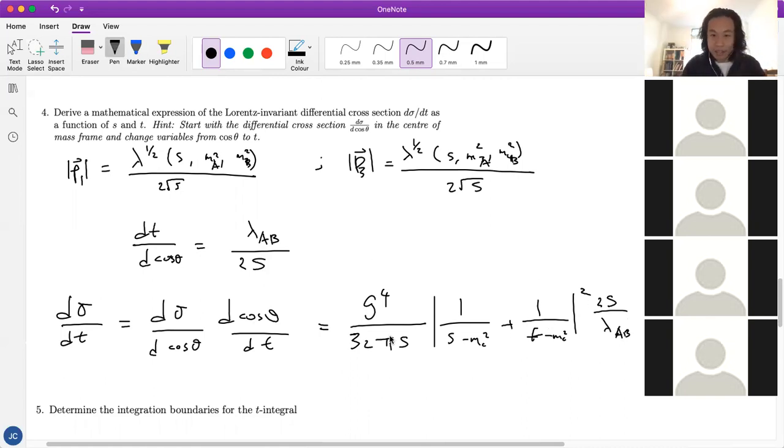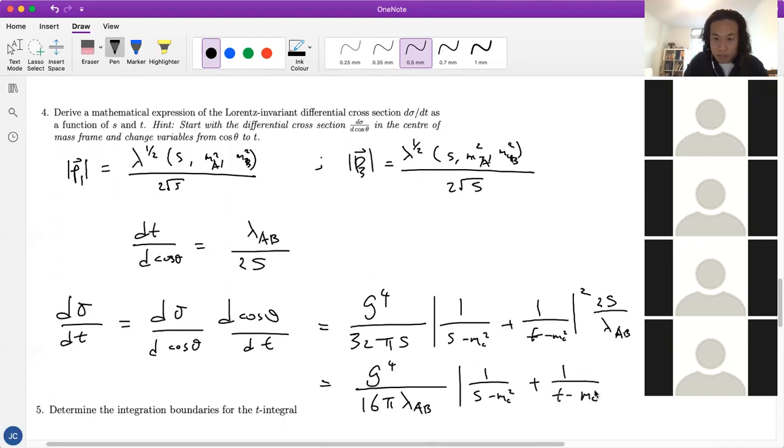Then you can cancel out some of the s's and clean up the prefactor. So you get g to the 4 over 16 pi lambda AB, times 1 over s minus mc squared plus 1 over t minus mc squared, all squared. And that's it.